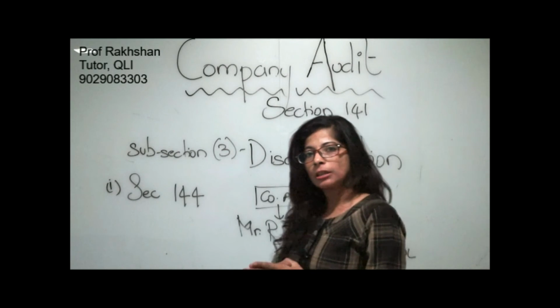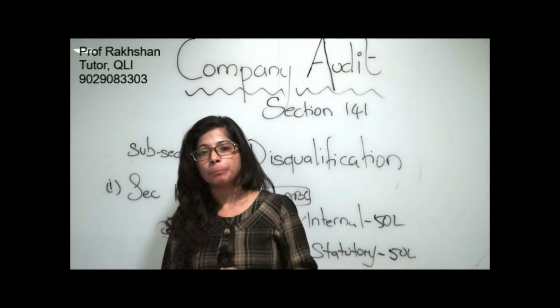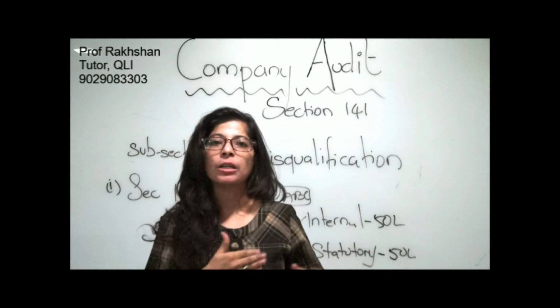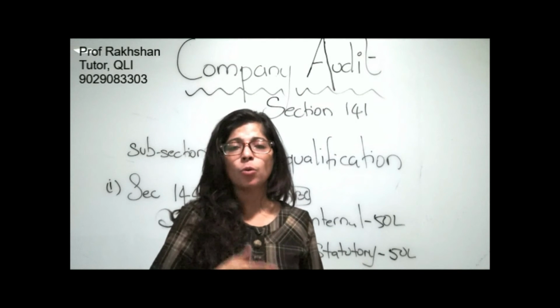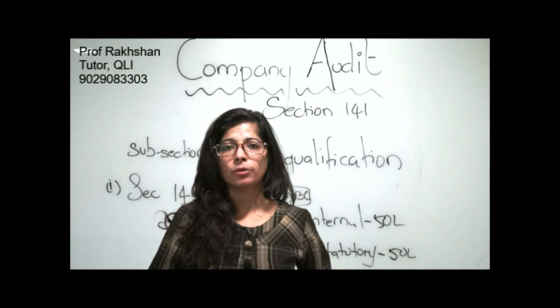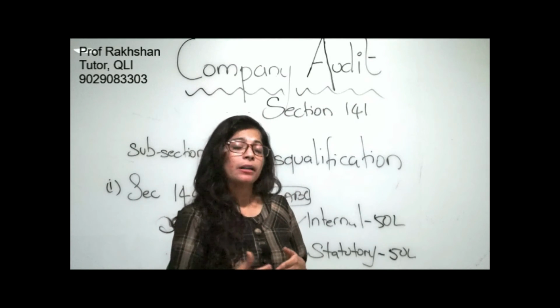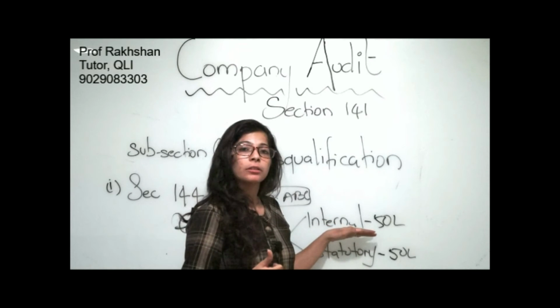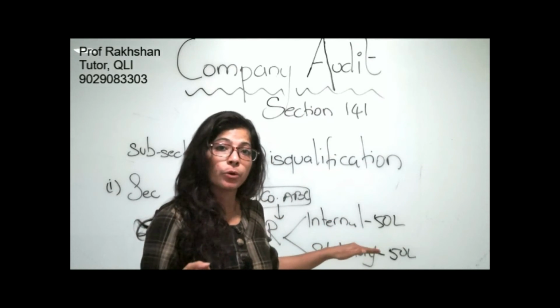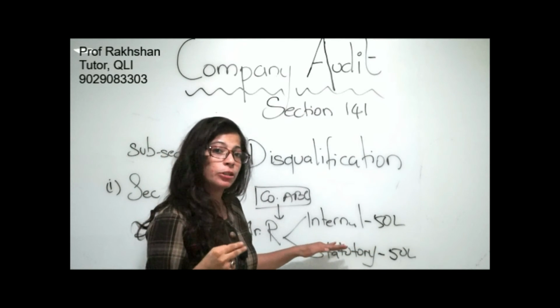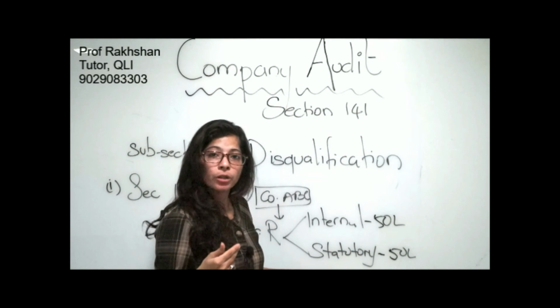What if he was not convinced by the financials of the company, or what if at the year end, when he was evaluating the balance sheet, records and documents, he found weaknesses in the internal control? He would go back to his own report of internal audit. If he did not mention those facts in the internal audit report, he would have second thoughts about mentioning those facts in the statutory audit report.